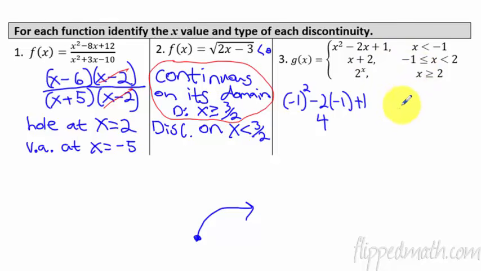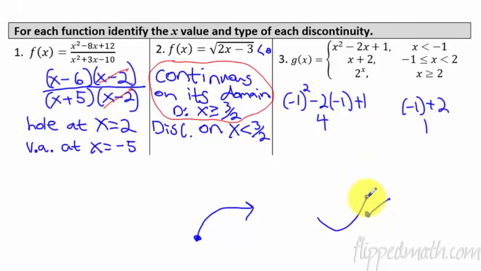If we plug in a -1 there, -1 plus 2 is 1. So the first piece y value is going to approach 4 from the left, and if we approach -1 from the right side, this piece is going to equal 1. So you have something going on like this, going on like that. Okay, so it's a y value of 1 and a y value of 4 up here.